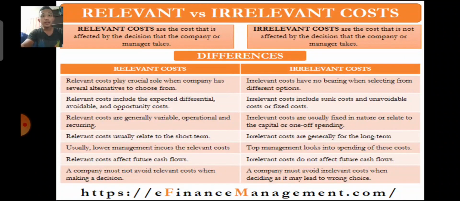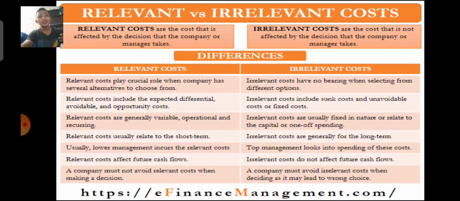Alright, for my first point, relevant versus irrelevant costs. What are relevant costs? Relevant costs are the costs that are affected by the decision that the company or manager takes, which is to say the decision making by the manager will impact the cost. Then what about irrelevant costs?